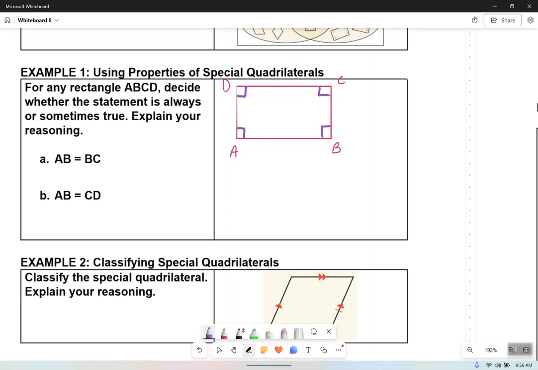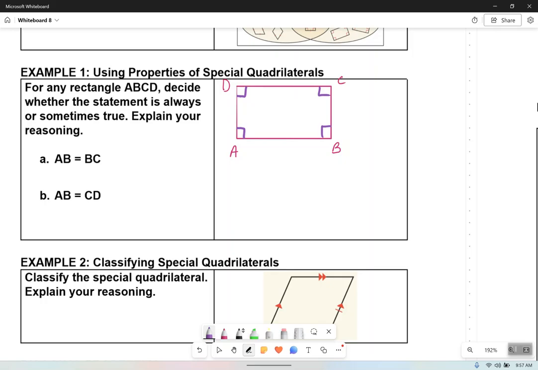Are you with me there, kids? Okay, so the first question it says is this. It says, decide whether the statement is always or sometimes true and explain your reasoning. Okay. Guys, AB is equal to what? What's this statement say right here? AB is equal to what?